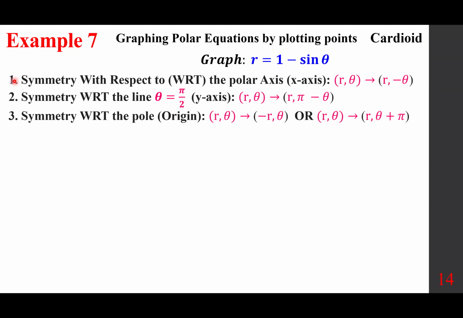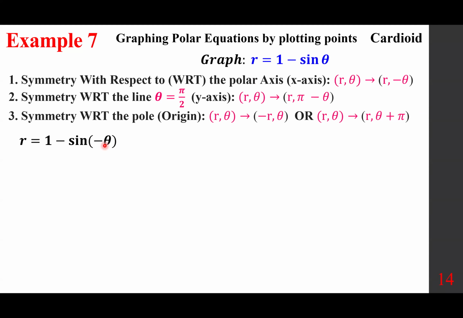So we're going to look at the first case. That means we are going to look at r comma theta versus r comma minus theta. If you want to check that, you replace theta with negative theta. And if you get the same polar function, then yes, it works. The test says it's symmetric.